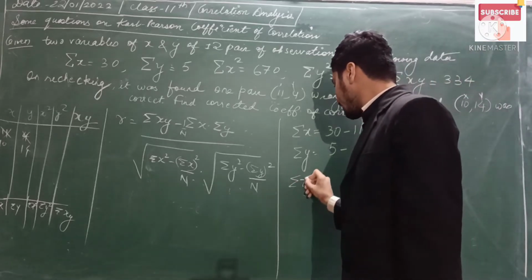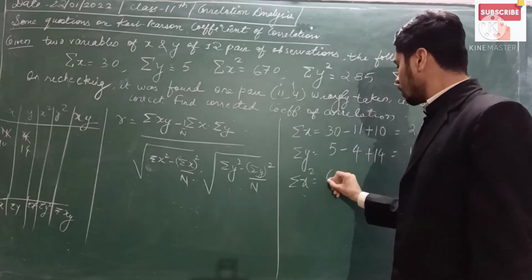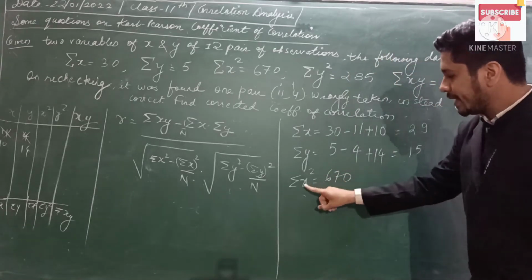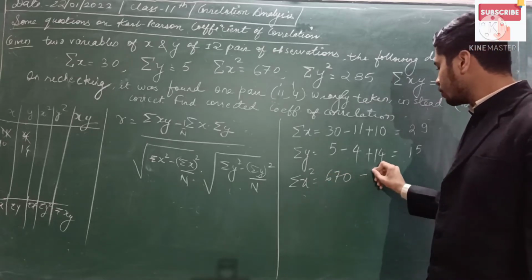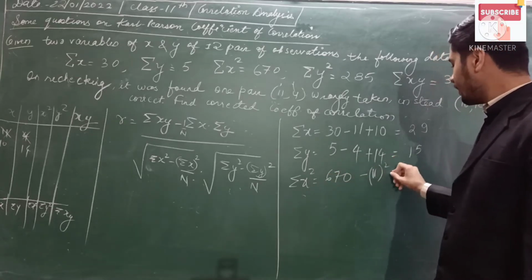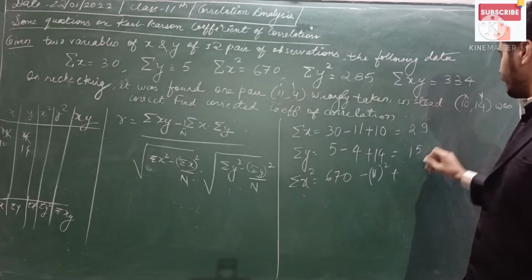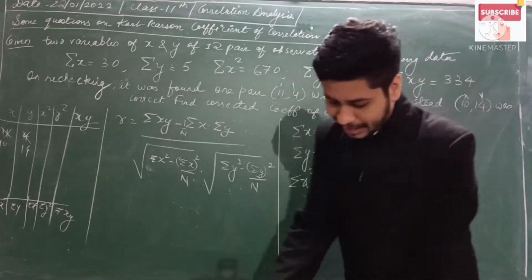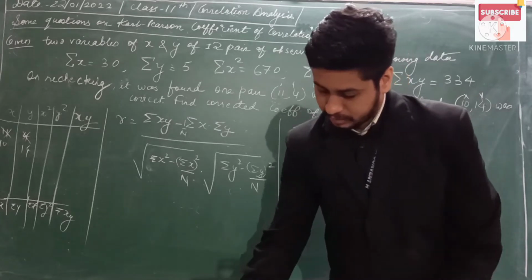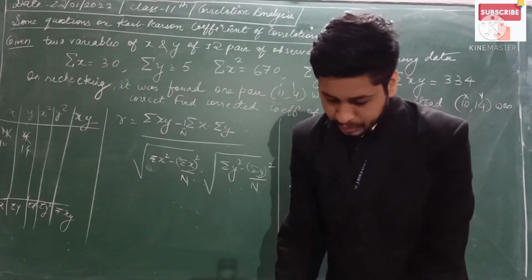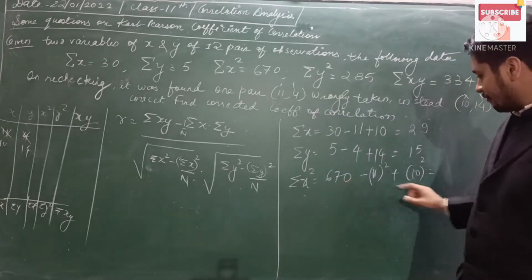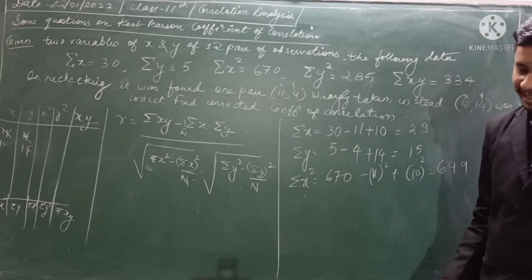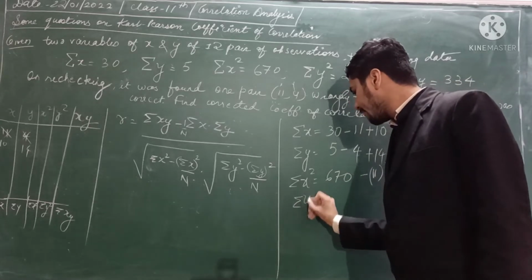For summation of x square, which is 670, we need to subtract the square of 11 and add the square of 10. After calculating with the calculator, it comes to 649.